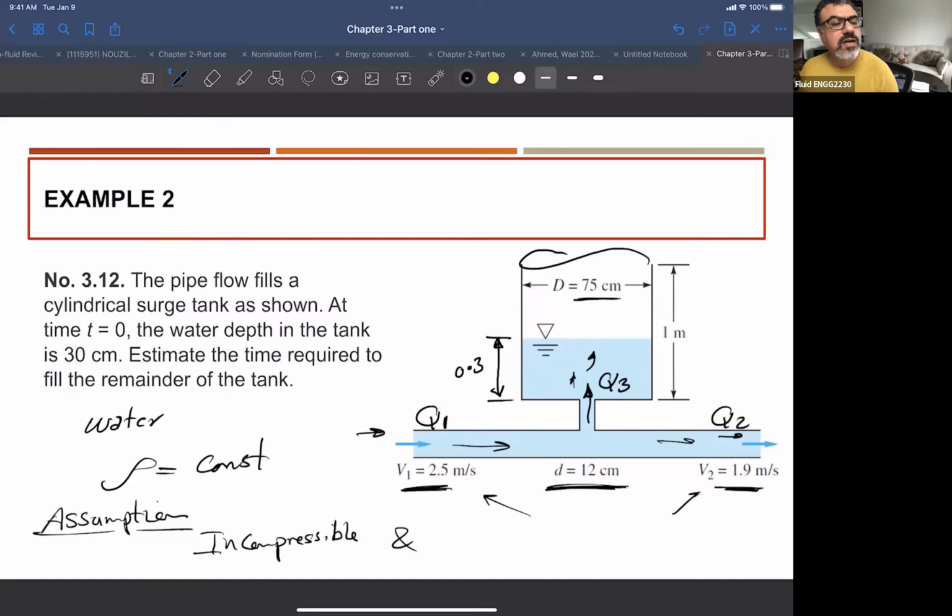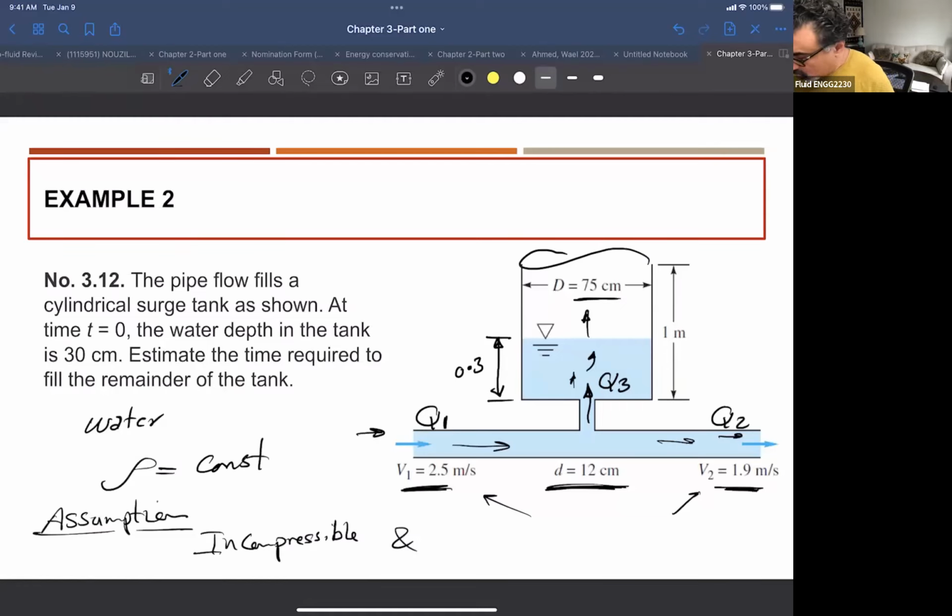Why is this kind of problem not a constant time problem? Exactly, the level of the tank is changing. So the mass of the tank is changing. That means we cannot really say a steady state assumption here because the tank is filling, which means the mass of the system is changing with time.